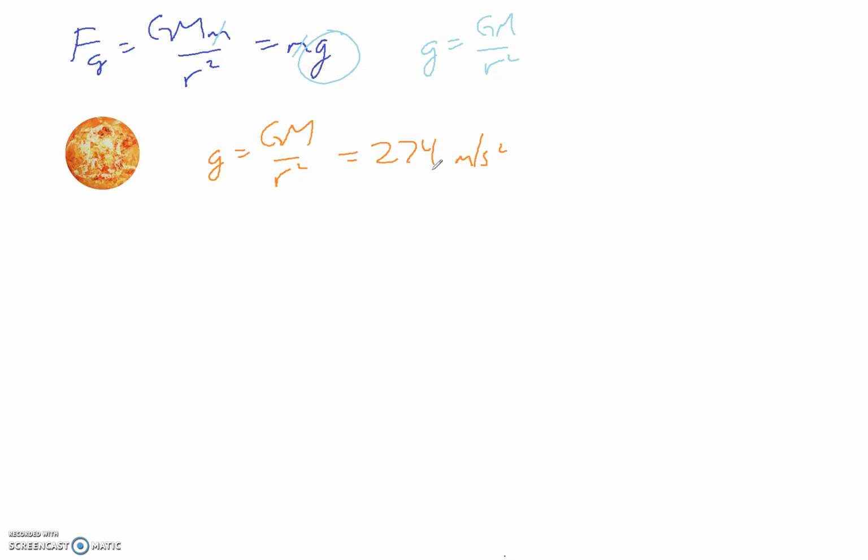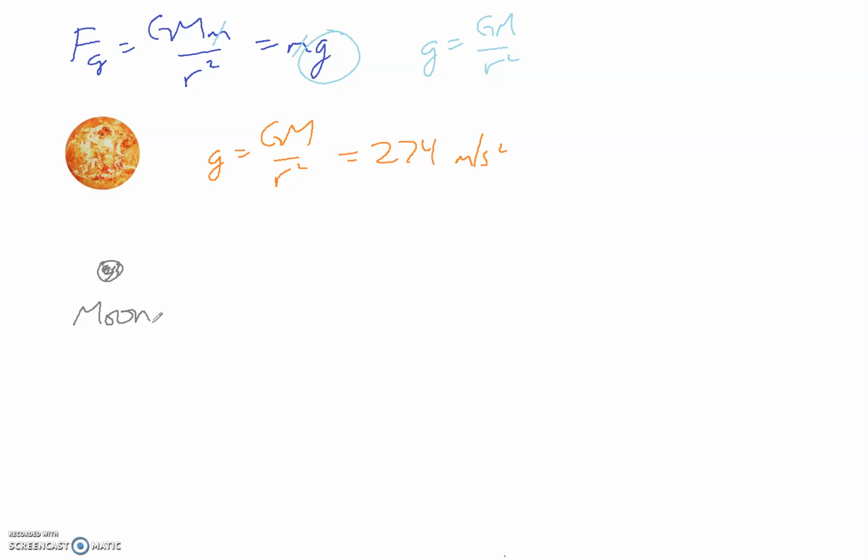So this is how we can calculate the gravitational acceleration of different things. Even take something else. Take the good old-fashioned moon. Most people know or have an idea that on the moon, gravitational acceleration is about 6 times less than it is on the Earth.